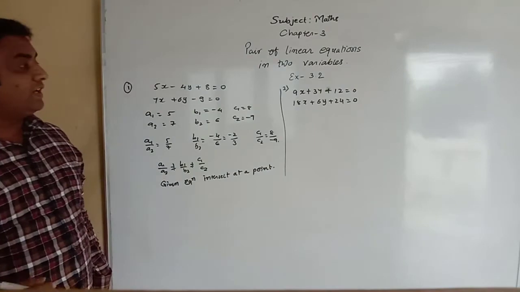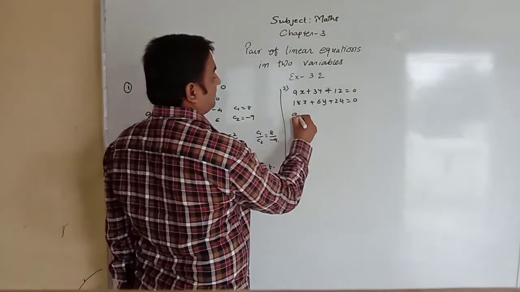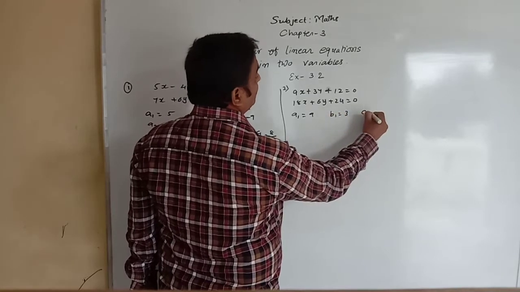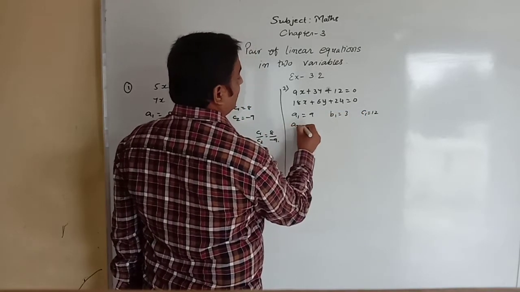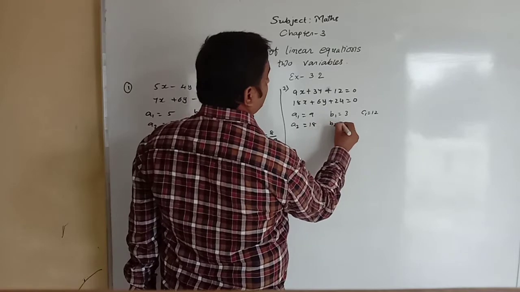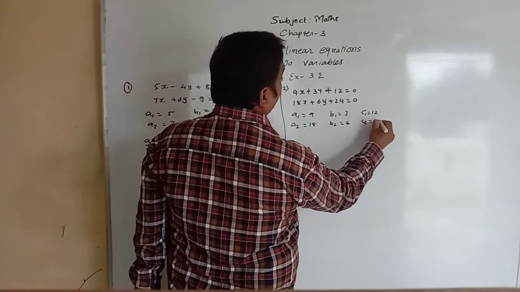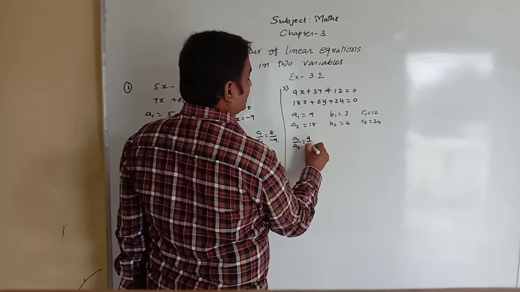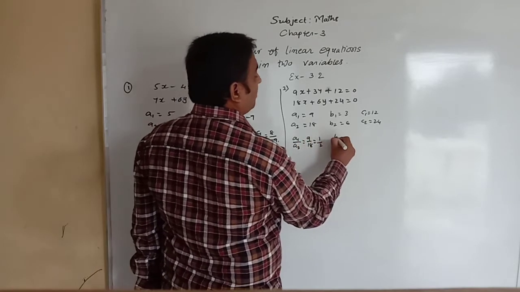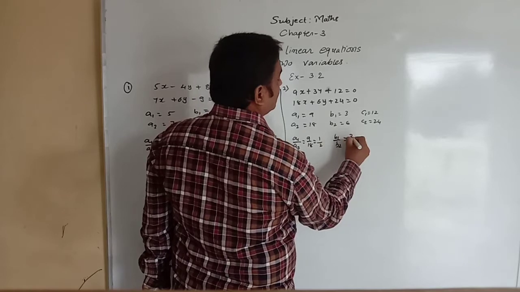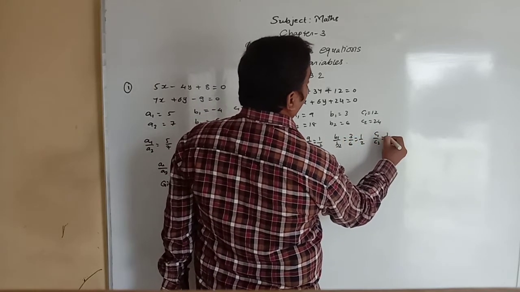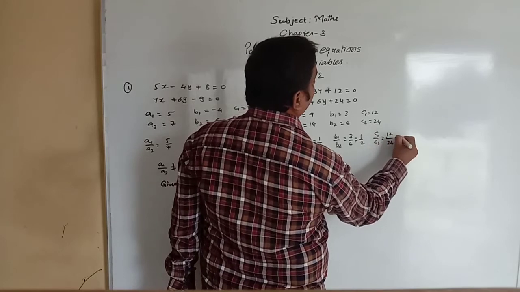So here also we can write a1 equals 9, b1 equals 3, c1 equals 12, a2 equals 18, b2 equals 6, c2 equals 24. So a1 by a2 equals 9 by 18 which is 1 by 2. b1 by b2 equals 3 by 6 which is also 1 by 2. And c1 by c2 equals 12 by 24 that is also 1 by 2.